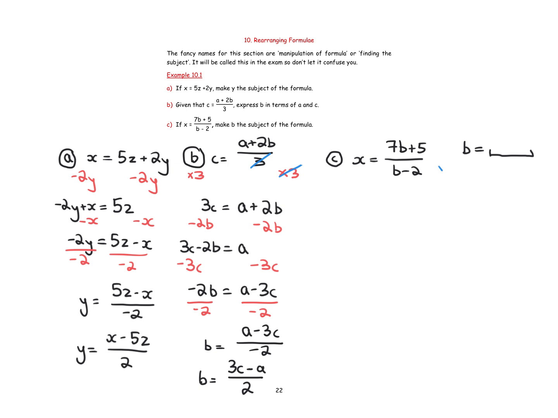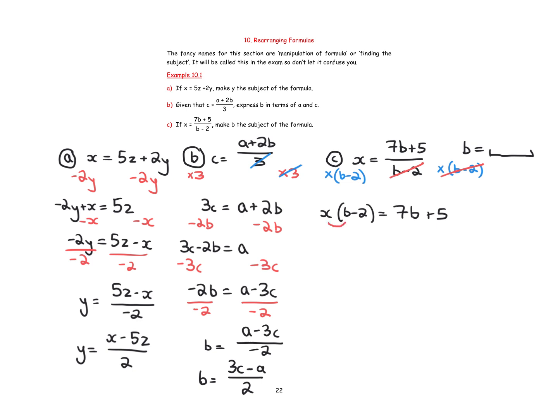To do that, we're going to multiply both sides by the denominator of the fraction, which is b minus 2. On the left-hand side, we'll be left with x, b minus 2 is equal to 7b plus 5, as 7b plus 5 divided by b minus 2 multiplied by b minus 2 will just be 7b plus 5.